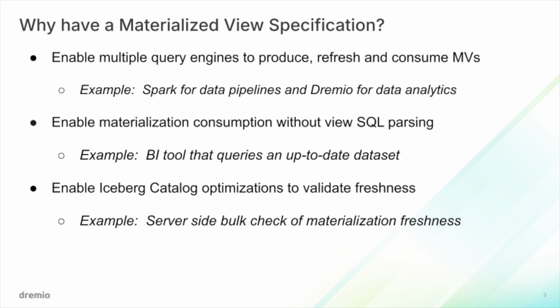Otherwise, if the catalog didn't do this work, the client would have to make all these calls back to the catalog to check possibly 100 tables and views to see what the current version is, what the current snapshot IDs are, and whether that matches the refresh state. So now you can enable these catalog-side optimizations to do this bulk check. Does that make sense? Any questions or comments?